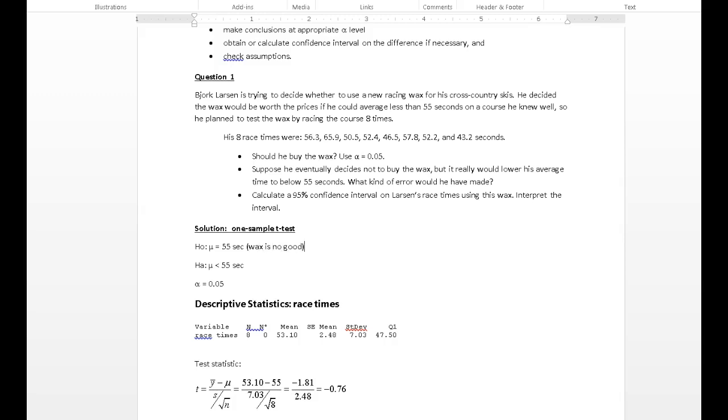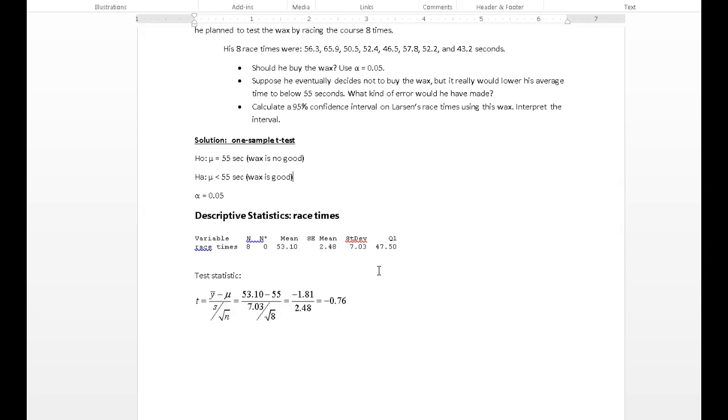It's not worth the price. If he can race it in significantly less than 55 seconds, then the wax is worth the price and he should go buy it. Now, down here I've put in my level of alpha. We were asked up here to run this test at alpha 0.05.